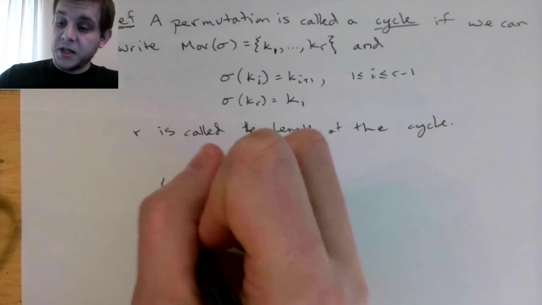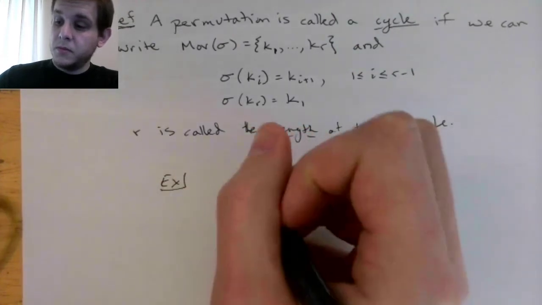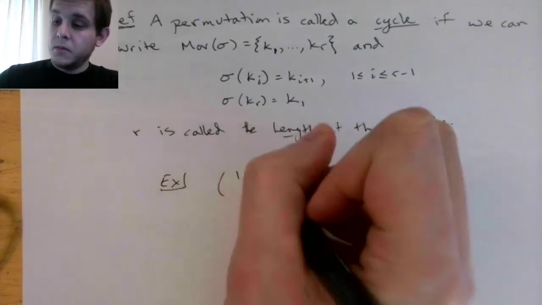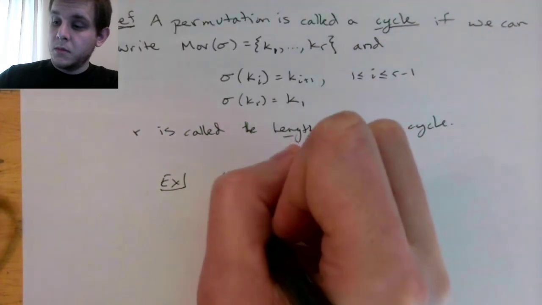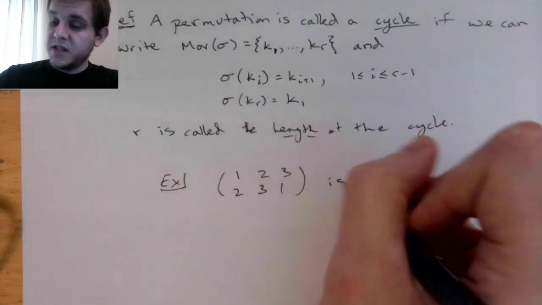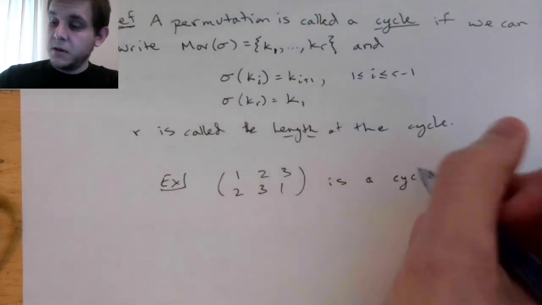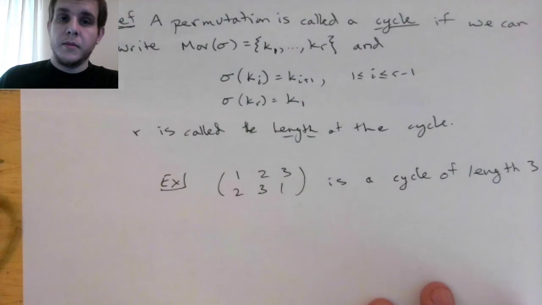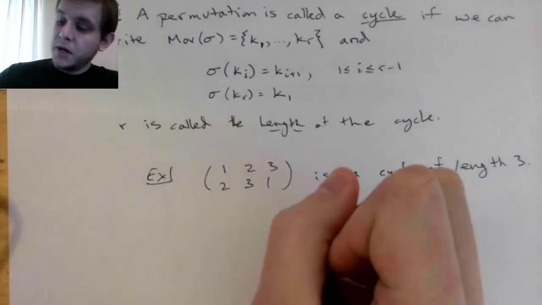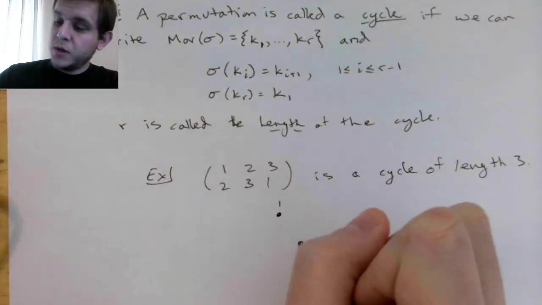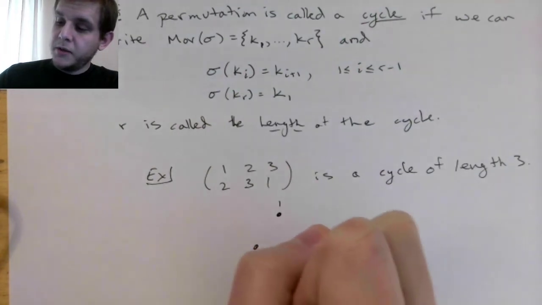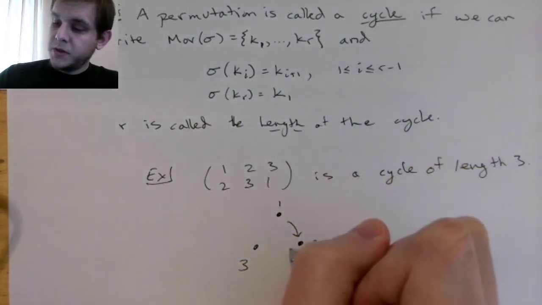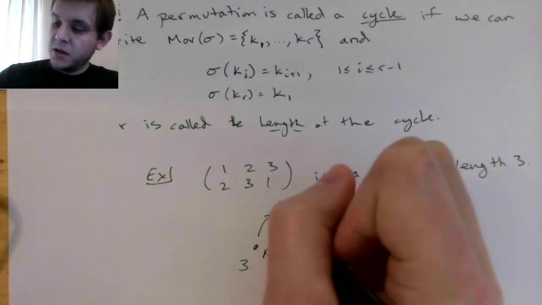So let's look at an example. So this is a cycle of length 3. Because I have the elements 1, 2, and 3. 1 goes to 2, 2 goes to 3, 3 goes to 1.